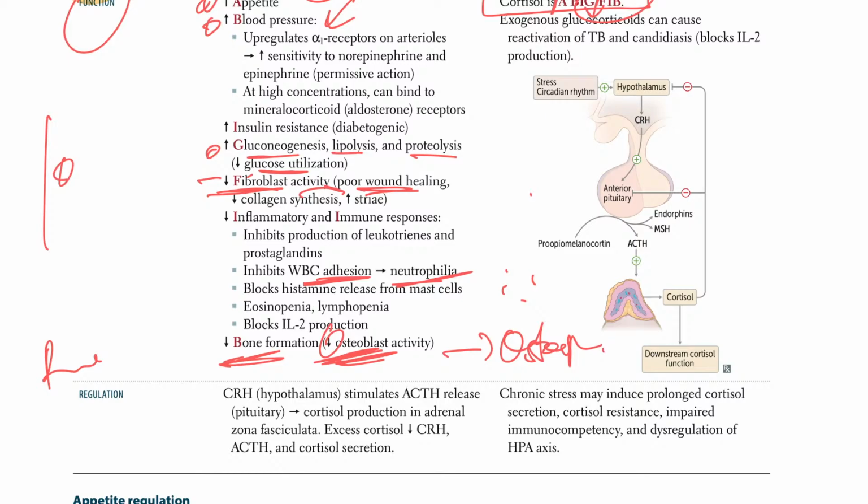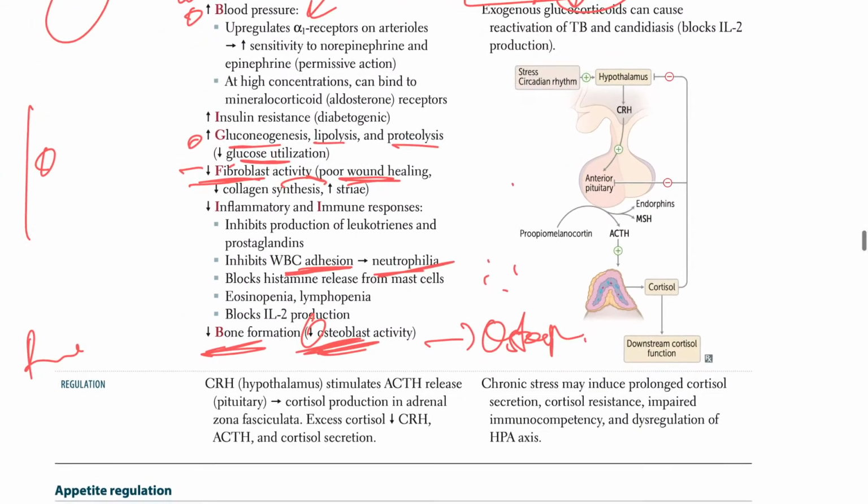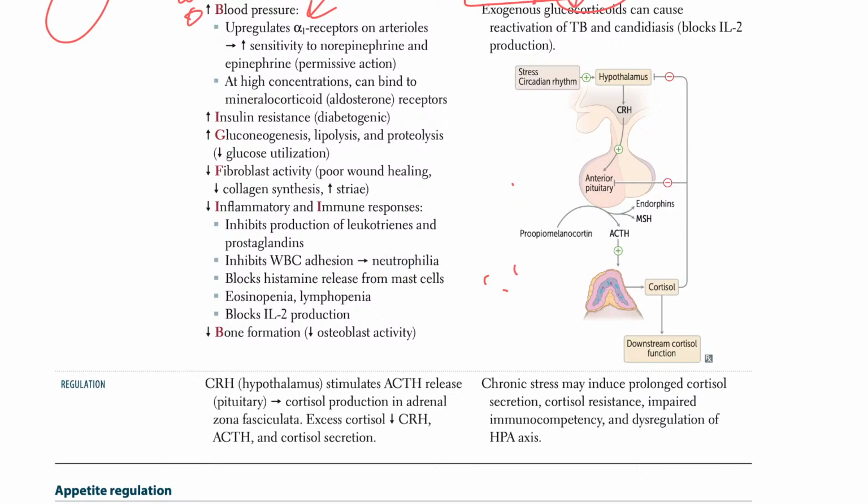Okay. One more thing which is not mentioned here is something known as lipocortin. So cortisol inhibits production of leukotrienes and prostaglandins by synthesis of lipocortin.